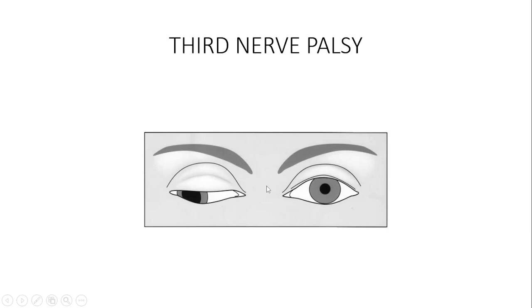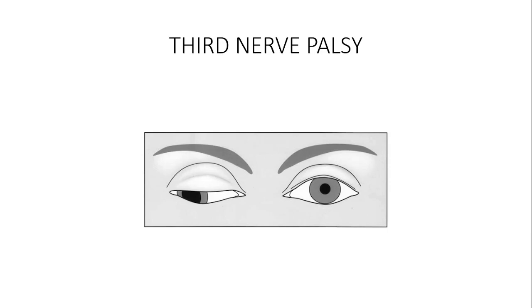So, in which case do you want to ask for CT scan of brain when a patient comes to you with third nerve palsy? Of course, it is the pupil involving one. It's the surgical ones. You want to know what is happening in the brain. That's why you go asking for either MRI or CT scan.